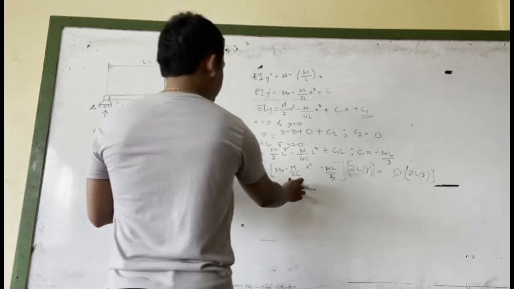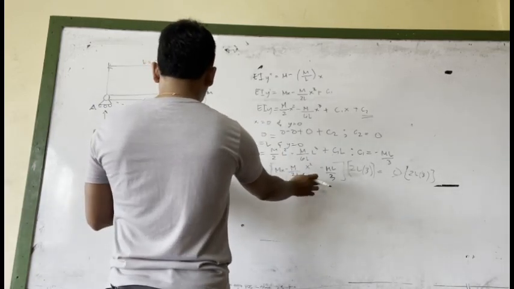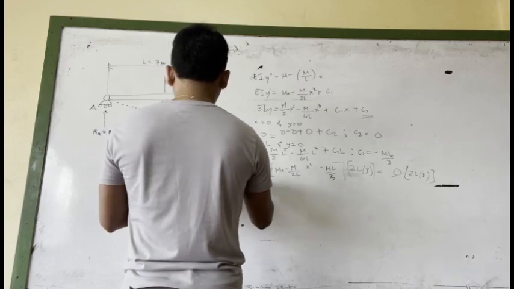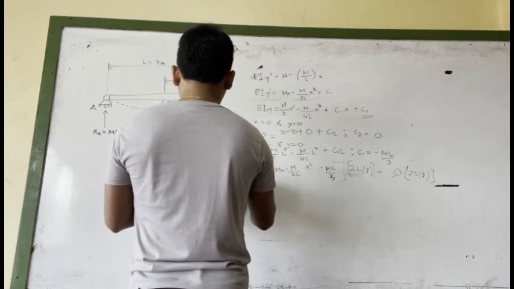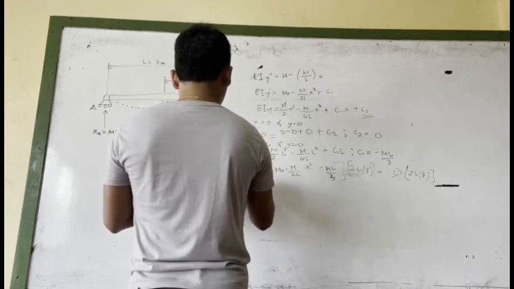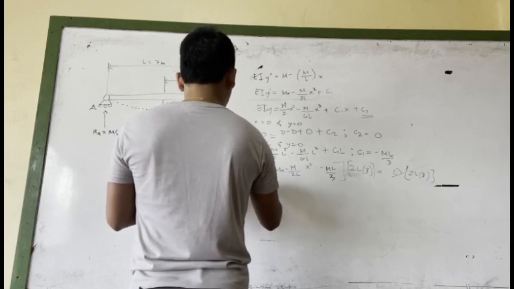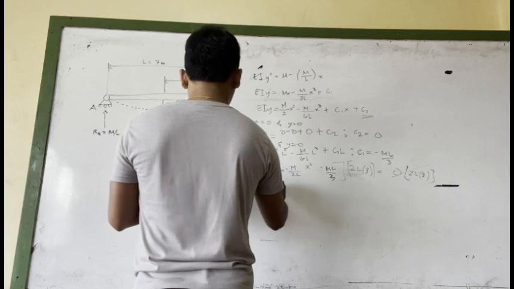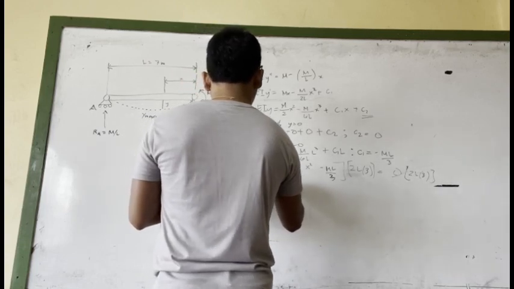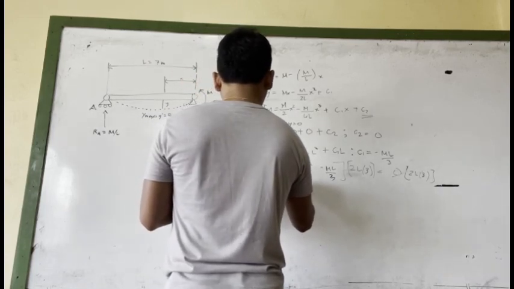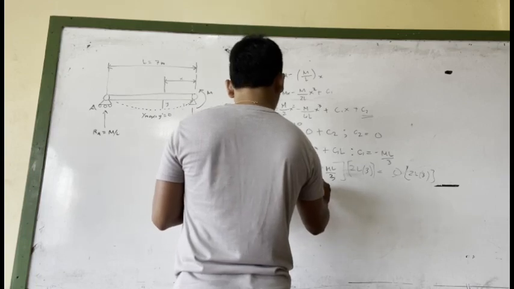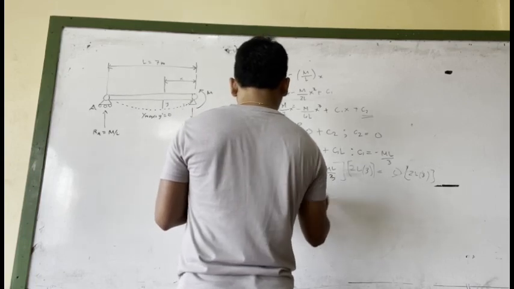The result of this multiplied by 2L times 3 will be 6LMx minus 3Mx squared minus 2ML squared.